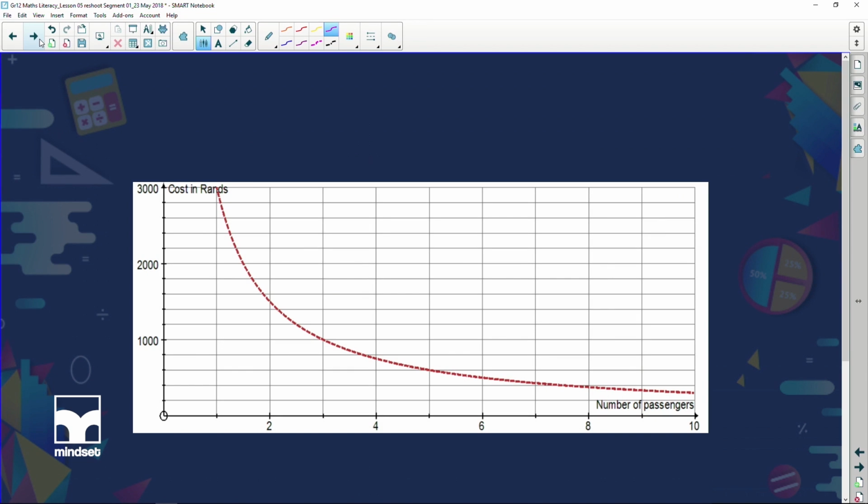Okay. Now, here's an example, a weird-looking graph. There's no straight line this time, we've got this curve, all right? And this question was actually all about a guy who's got a car and he's putting passengers in a car, a taxi driver, let's say. And he wants to know how much he should charge every person.